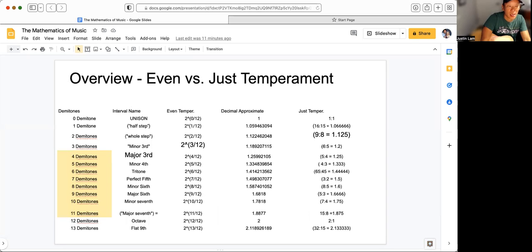These individual steps in musical theory are actually called demitones, another phrase for which is half stepping.